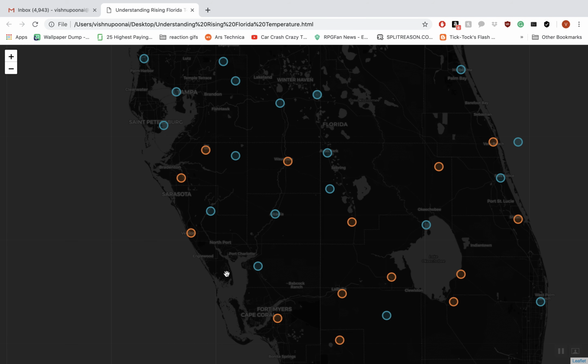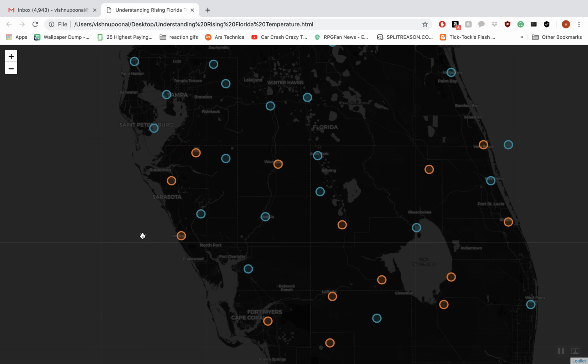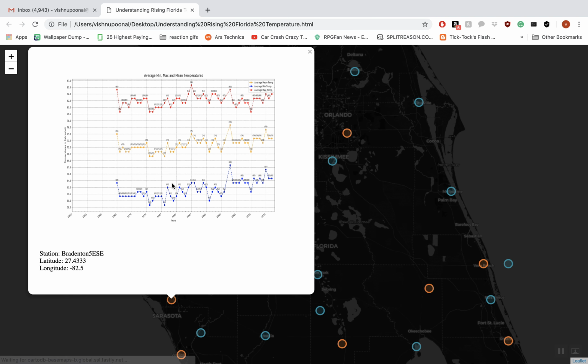And after we grabbed that data as well, we then broke down the min, mean, and max temperatures from each of these stations and created some line graphs, which is accessible here because you can click on a particular station and it loads up the station ID, geographic location, and the graph displaying the average, mean, min, and max temperatures.